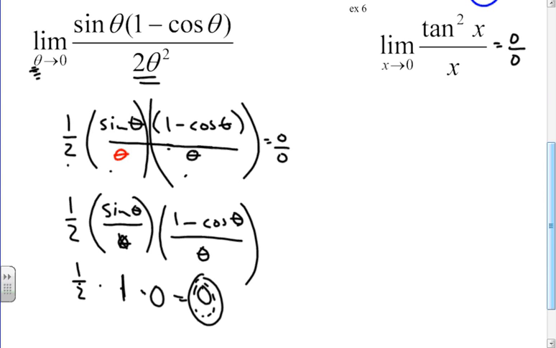So once again, we got a discontinuity, a hole here, and we need to solve this. Whenever you're dealing with trig, we're going to separate this and put it into sine and cosine. So tangent squared is sine squared of x over cosine squared of x, times 1 over x. I'm just rewriting this into a more easily used statement.